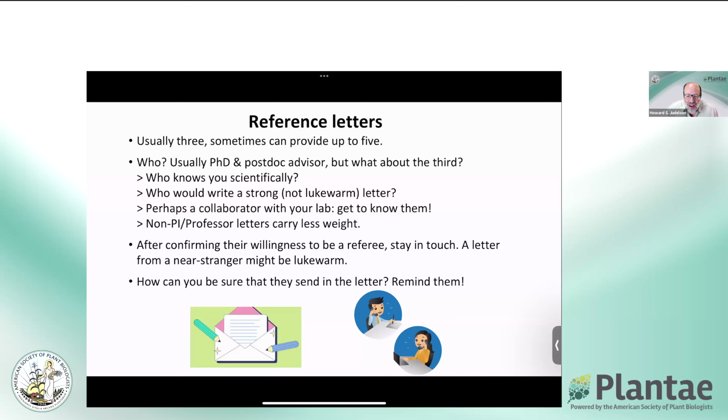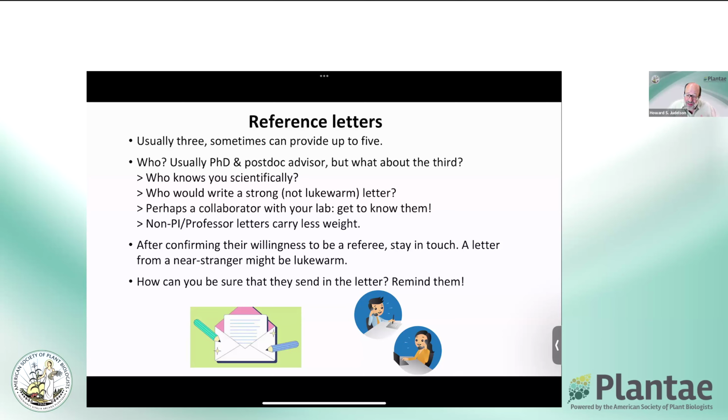So once you find the names, you should ask people for permission. Can you list them as a referee? And stay in touch with them. So if you haven't spoken to these people for a year or 2 years or 3 years, you're maybe not going to get a very strong letter. So, talk to them.